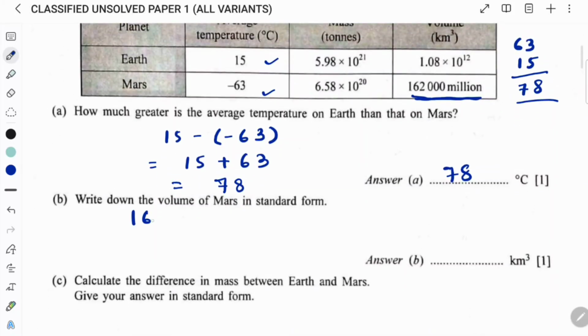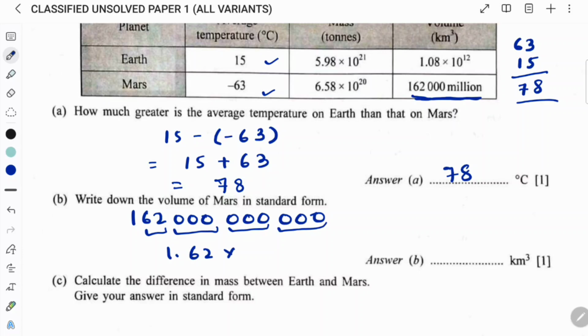So 162 and 1000, this is the question, and then for millions, I'll put 6 zeros. So altogether there are 3 zeros, 6, 7, 8, 9, 10 and 11. So that is 1.62 times 10 to the power 11.